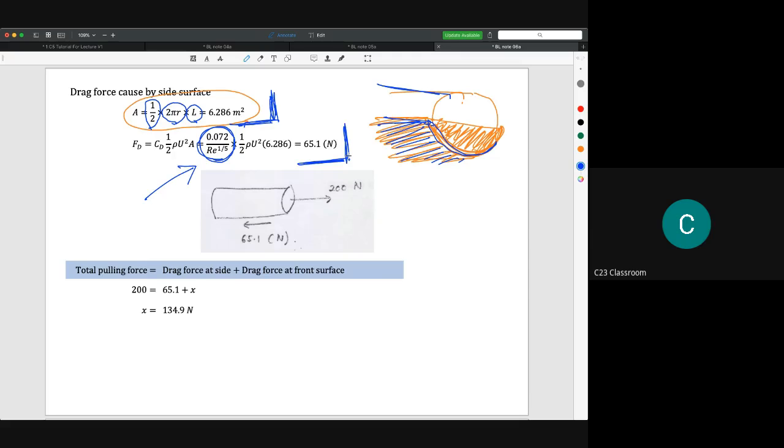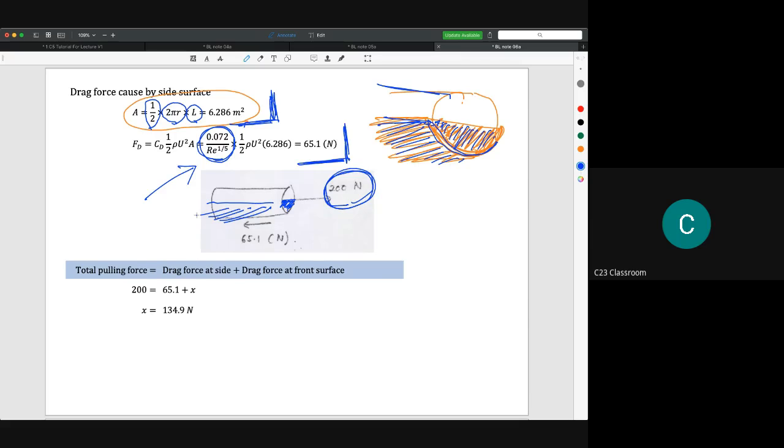As an engineer, you should understand that the question is asking about the front surface. You could make a conclusion that the 200 newtons applied by the boat is actually to overcome resistance that comes from the front surface here, and also resistance that comes from the boundary layer.